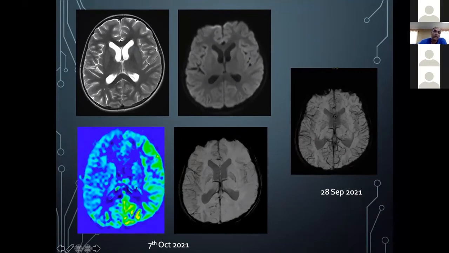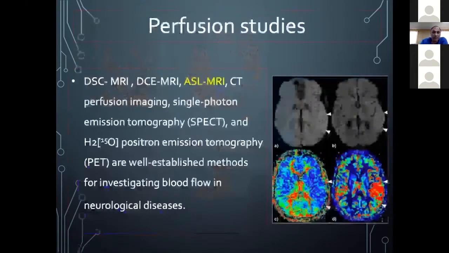So periictal, postictal abnormalities can be very well detected using these functional sequences, namely diffusion weighted imaging, which can show diffusion restriction after the seizures and can actually help you to localize the focus of the seizures. And SWI can also give you ancillary information. Similar is the case with the ASL perfusion.